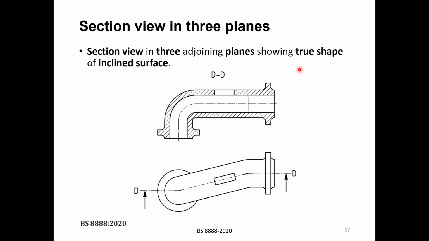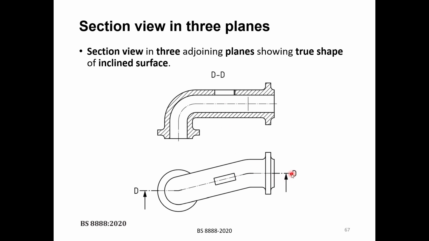In addition, you can even use three planes if necessary. So here the section view shows three adjoining planes to show the true shape of this inclined surface. For example, this is the front view and this is the section DD.